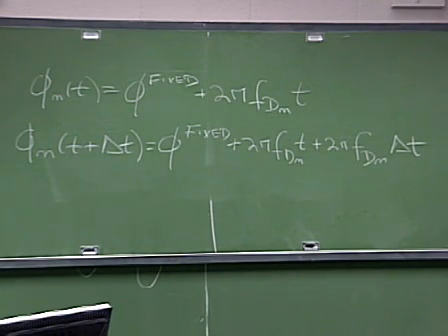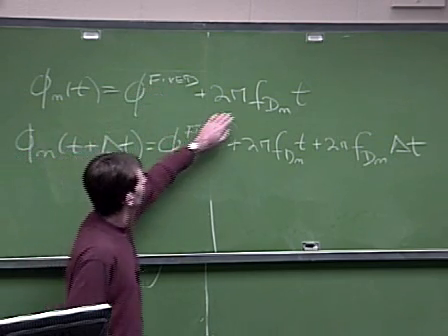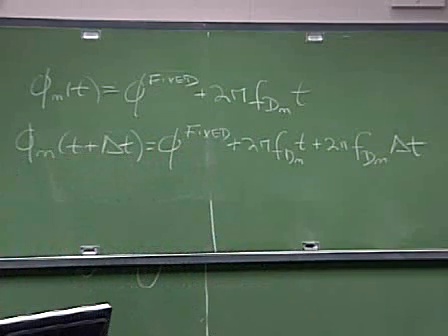Okay, so now we have to look at the differences and the sums and at their cosine. So the difference of these two, you see the fixed term cancels. Okay, this guy cancels. These guys cancel, so we're left only with this term. Okay, so the difference is going to give us a cosine of 2 pi the Doppler times delta t. Okay, that's the difference. And the sum of these two terms is going to give us twice the fixed component over here, plus 4 times the Doppler.